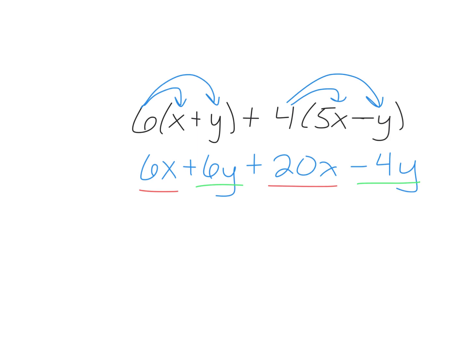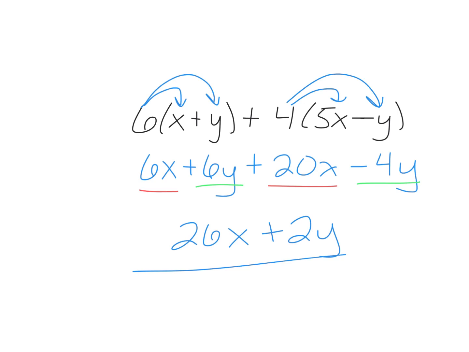So we have 6x plus 20x, 26x. 6y minus 4y, 2y. Good. Now are we done? No. Why are we done? Because there's no more like terms. You can't do anything else with that.